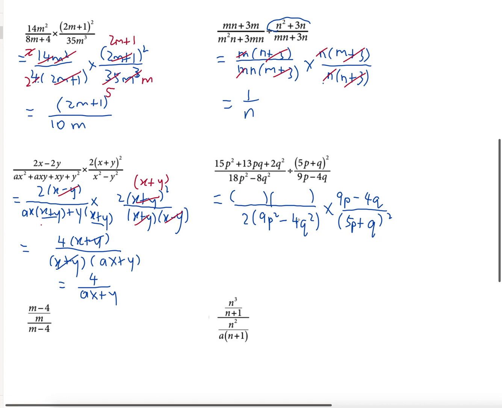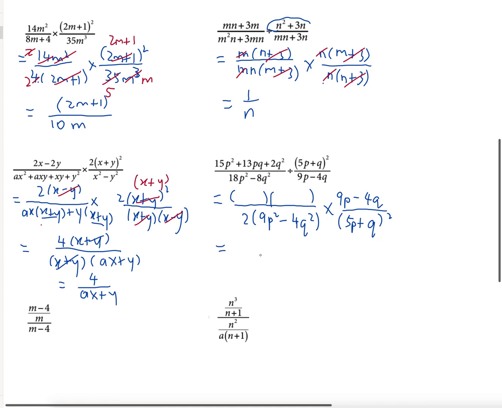Okay, be very careful. This one can't be cancelled, because when we factorize this, it will be 3p minus 2q and 3p plus 2q. It's a difference of 2 squares. You can check that you have done it correctly. This is 18p squared and minus 8q squared.